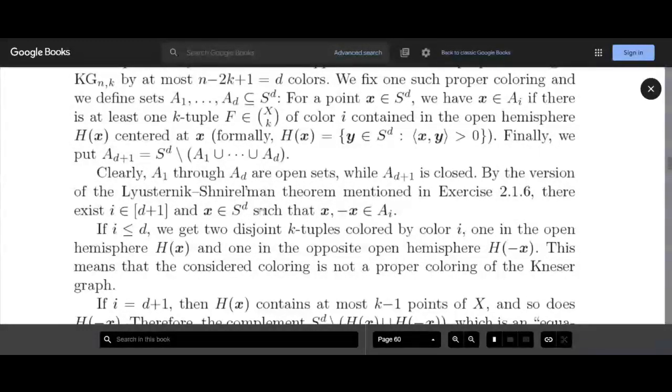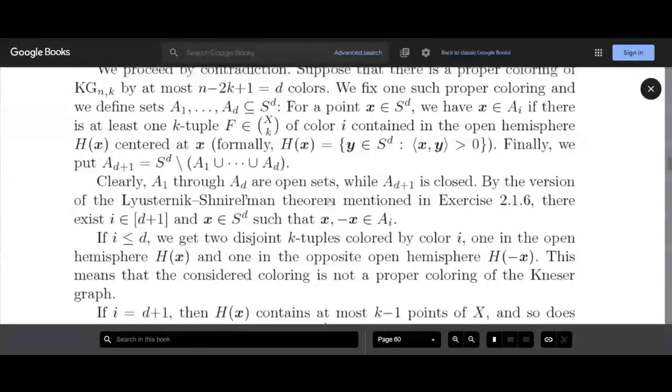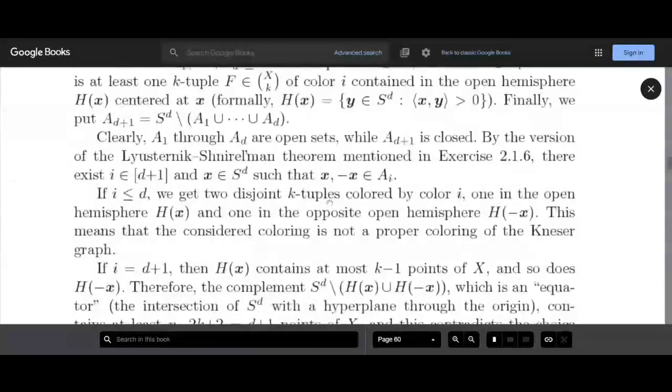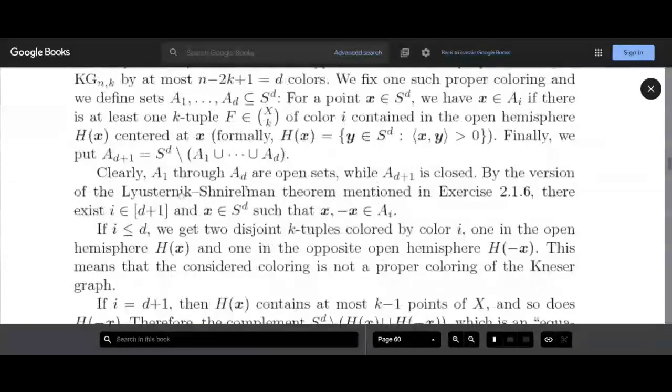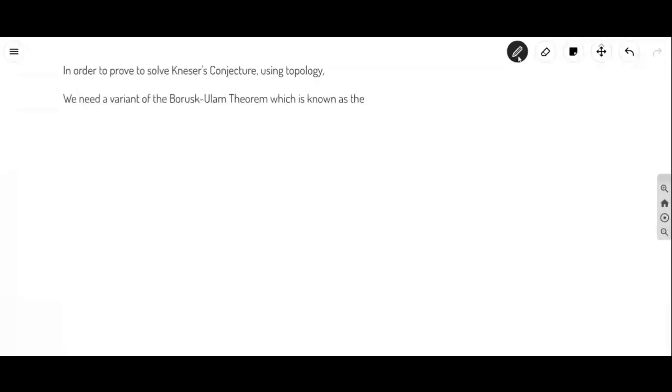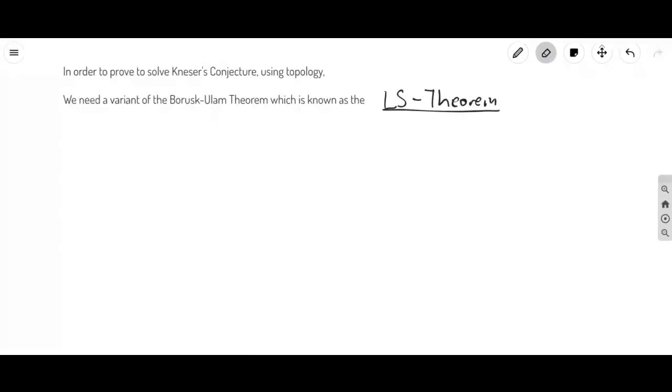This is one of the variants of the theorem, and I'm going to go through this proof. This is actually a very nice, very elegant proof. Borsuk-Ulam comes with many variants. Let me just refer to it as the LS theorem, because I'm not sure how to spell or pronounce their names. Lusternik-Schnirelmann or something like that. So here's what it says.